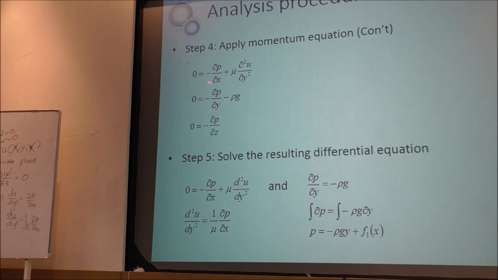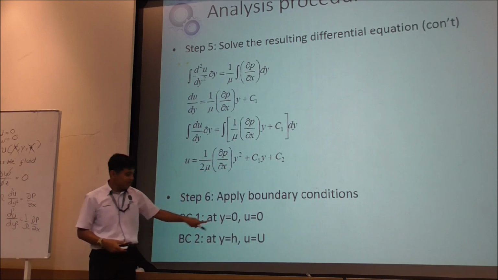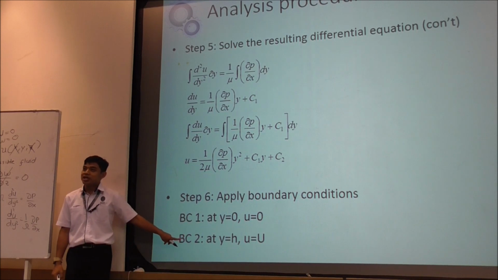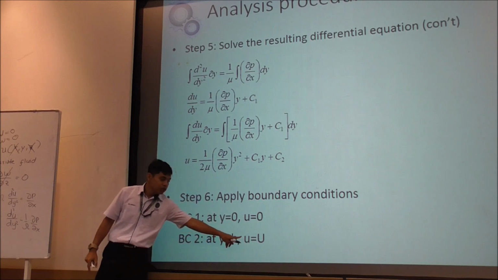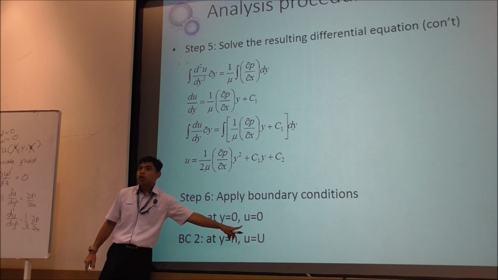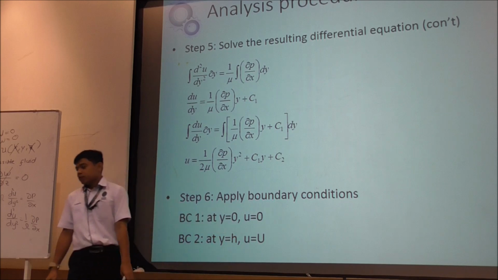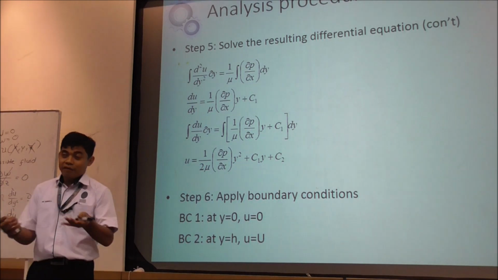Okay, now you see this one is exactly the same as what you had before, right? The only difference you can see is in boundary condition number 2. Rather than having u equal to 0 at y equal to h, now you have u equal to big U. I know some of you do not like to have a symbol.